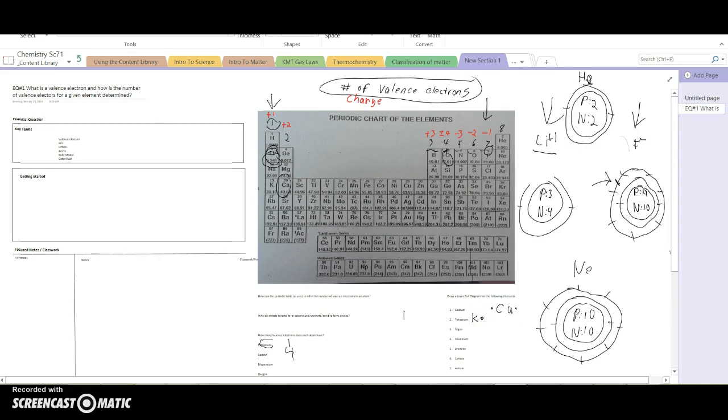Potassium has 1 valence electron, so I'm just going to put 1 dot. Argon, Ar, is a noble gas, right here. So it has 8 valence electrons, which we see right there. So I'm going to put 4 pairs. I'm going to space them out.